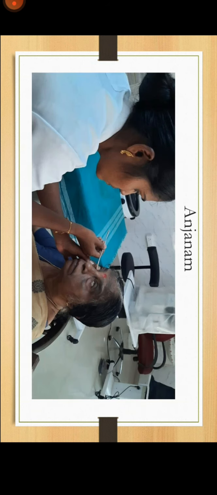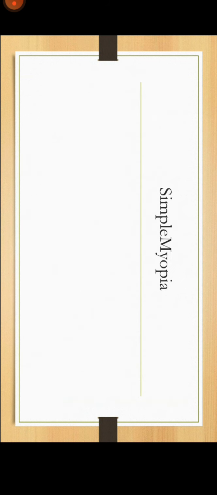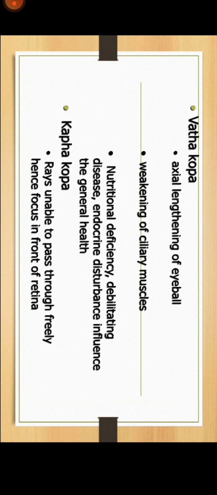And coming to Anjana, as you know, medicine is taken on the tip of the shalaka and is applied from Kaninaka to Apanga Sandhi. And after that, Shalana should be done. Considering simple myopia, the Vatakopa Lakshanas that we are seeing are axial lengthening of the eyeball, then weakness of the ciliary body.